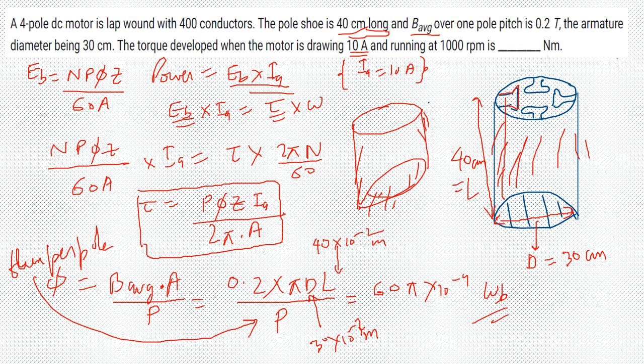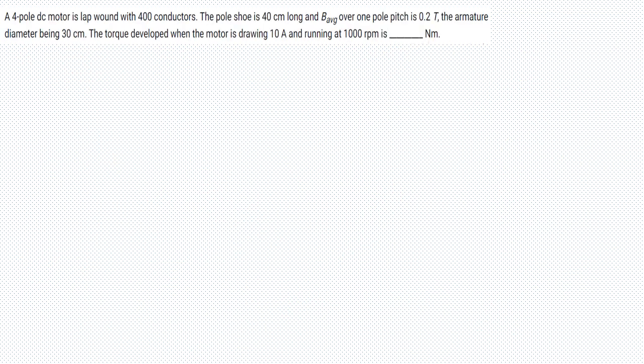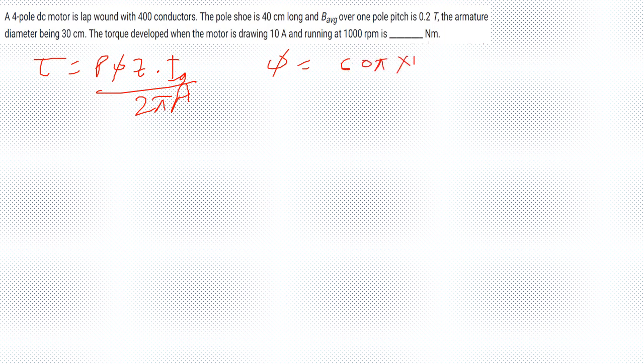Now you have phi and you know all other values, so let us put it in the formula. Let me write it again. Tau is equal to P phi Z into Ia over 2 pi A. Phi, which we just calculated, was 60 pi into 10 power minus 4 Webers.